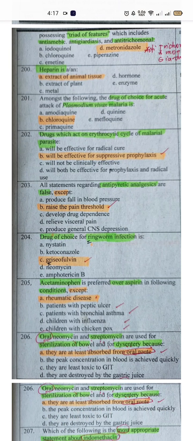200. Heparin is an extract of animal tissue. It is extracted for commercial use from porcine intestine or bovine lung.